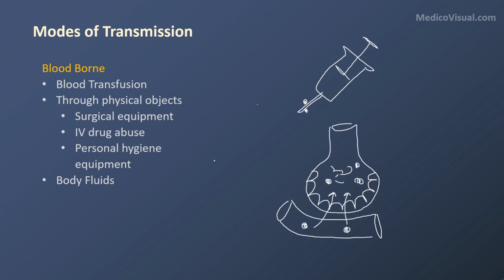Now my question is, can it gain entry through the intact mucosa? About intact skin, it provides a sufficient barrier to prevent the entry, right? So no question about the skin. But about intact mucosa, it is controversial. We don't know for sure whether it can gain entry through intact mucosa or not.